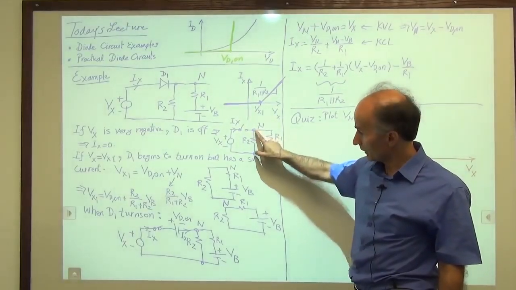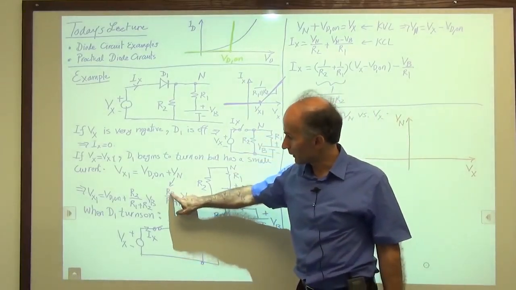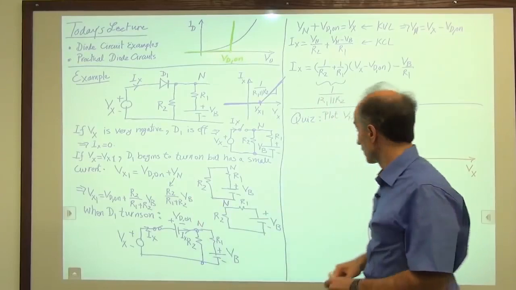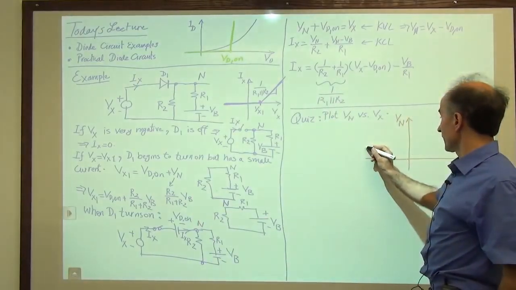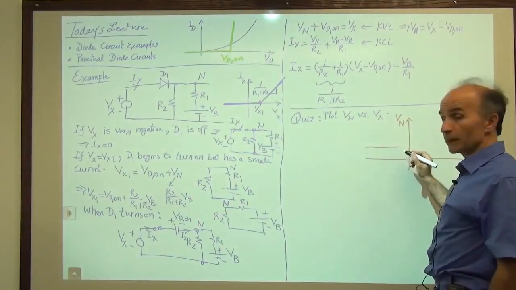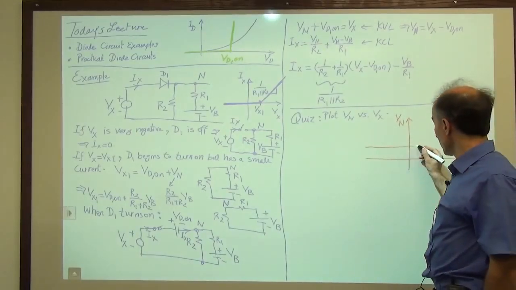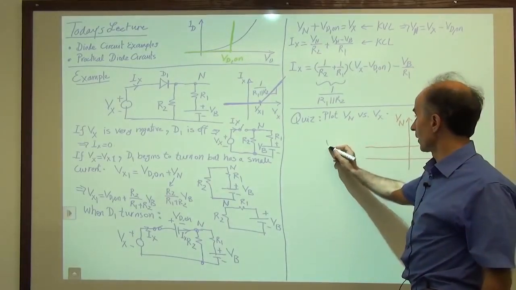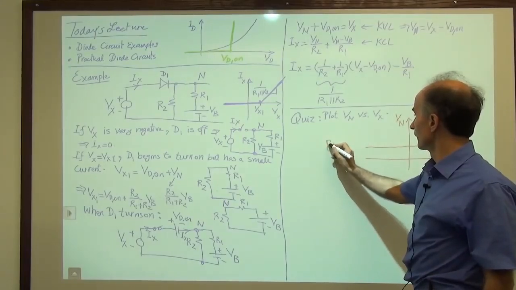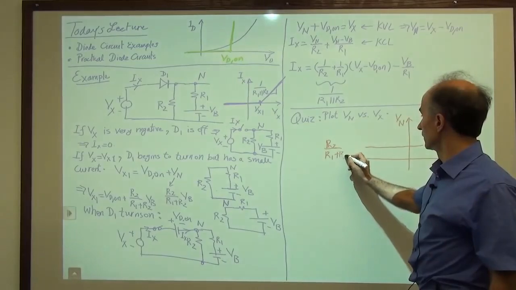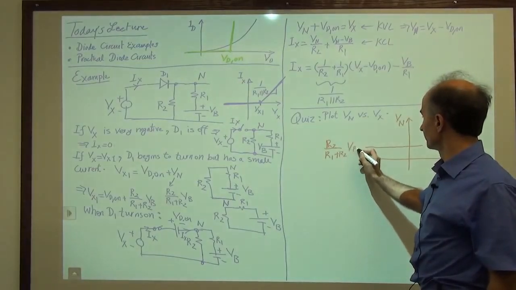So Vn just turned out to be equal to R2 over R1 plus R2 times Vb. So as long as Vx is not positive enough to turn on the diode, Vn is constant, and it is given by R2 over R1 plus R2 times Vb.